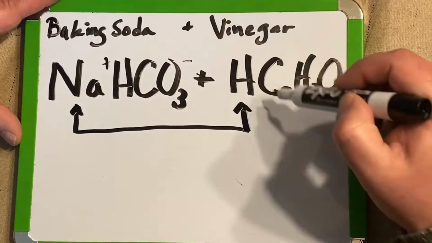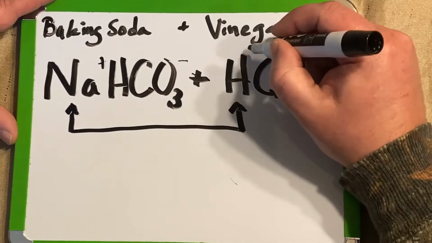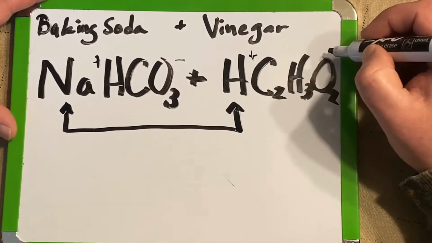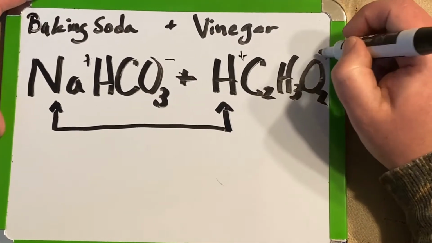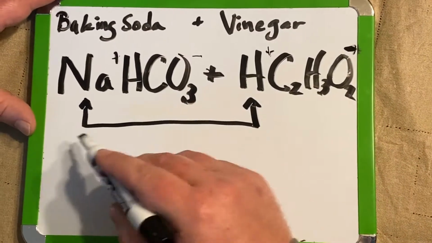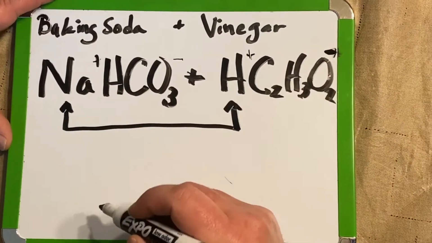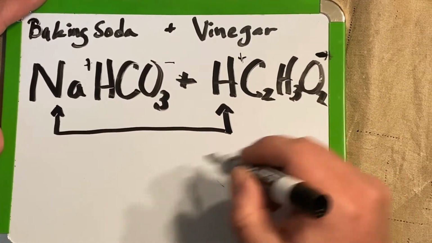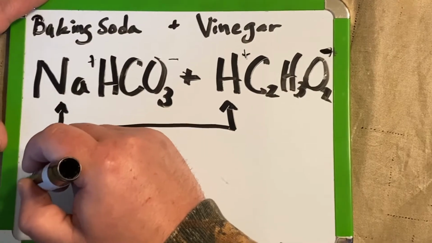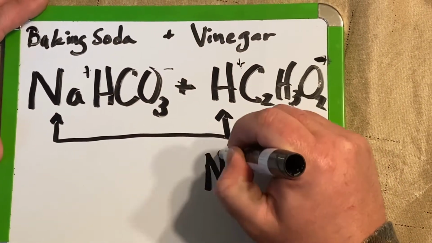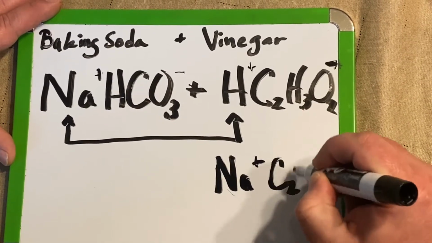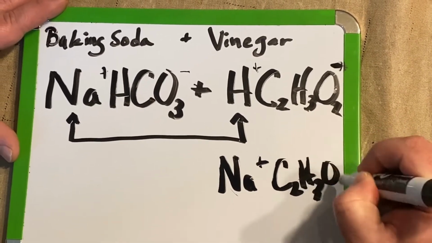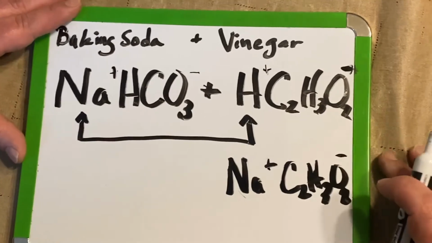The sodium and the hydrogen over here, the hydrogen is its own plus, minus. So what's going to happen when they replace each other is that the sodium is going to go free over here, plus, and then you have the C2H3O2, and that's all minus, negative.